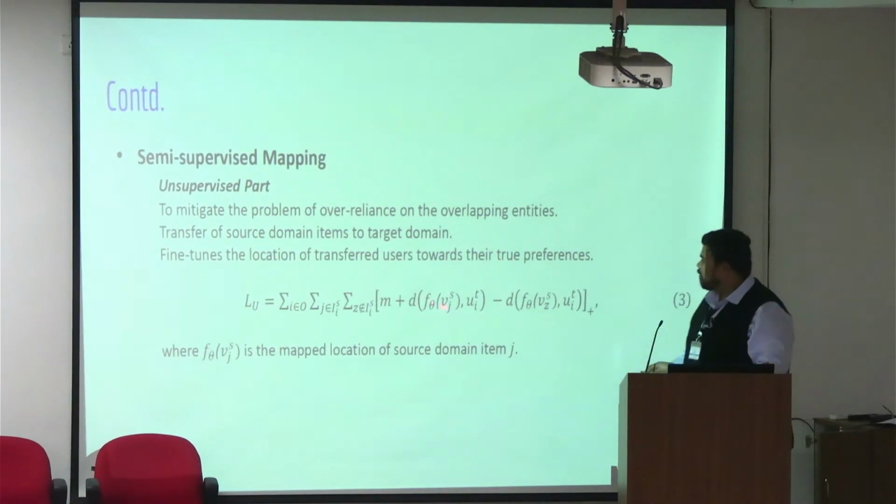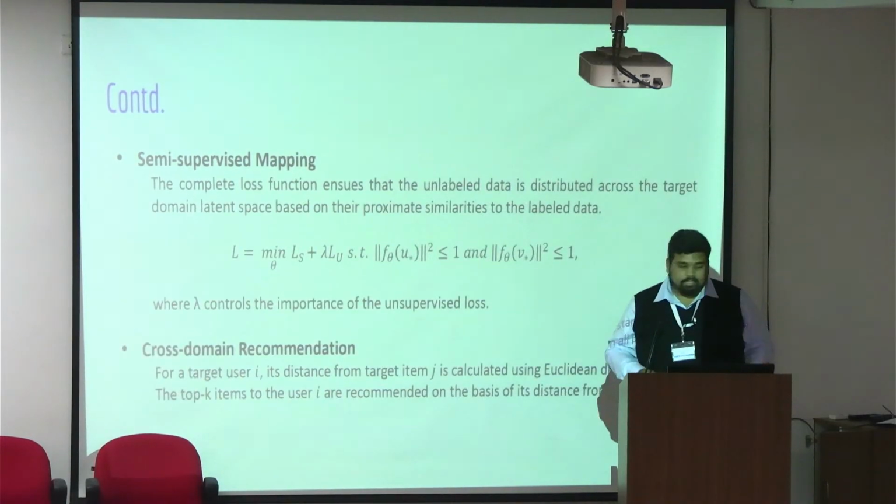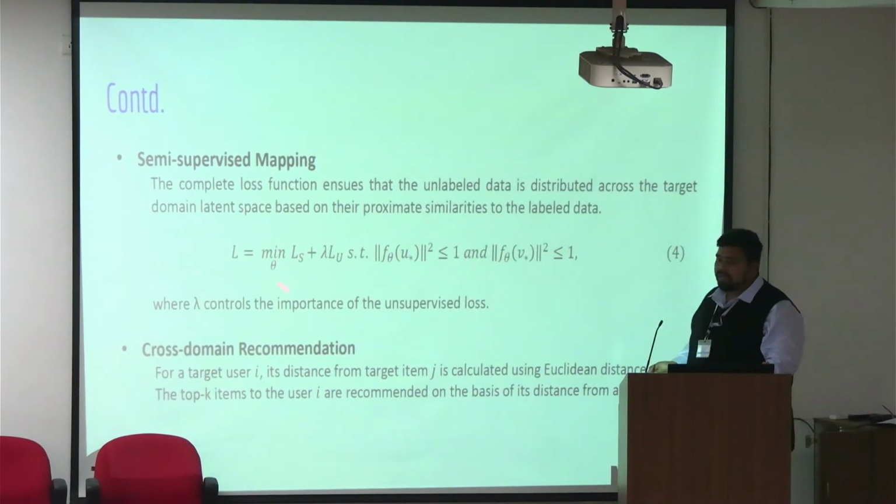For that, once we have mapped the items from the source domain to the target domain, the distance between the target user and the source items should be less if the user has interacted with them, and should be more for the non-interacted items. So this is the whole loss function, where we have used a control parameter lambda over the unsupervised loss.